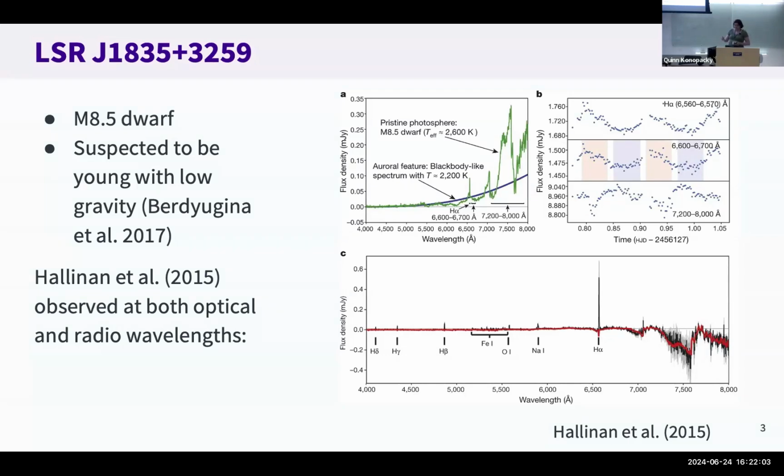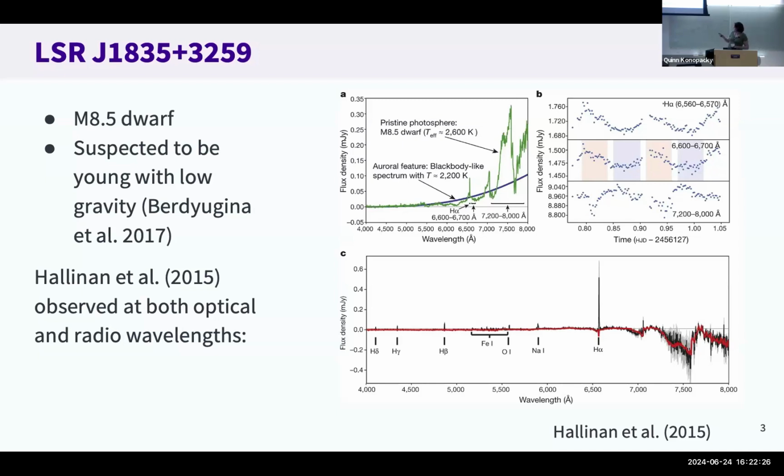Back in 2015, Hallinan et al. observed this object at both optical and radio wavelengths. They observed H-alpha emission, which you can see in plot B, varying in phase with nearby continuum optical emission, suggesting that they were both co-located at the same surface feature.